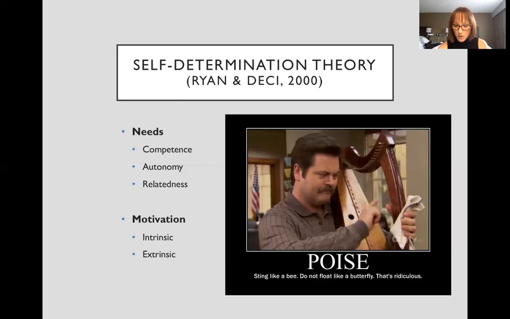But one of the other ways we could motivate our employees without necessarily resorting to external means is through providing our employees opportunities to demonstrate their competence, providing them autonomy to do their work, providing them opportunities to develop relatedness with others, or rather satisfy their relatedness needs.